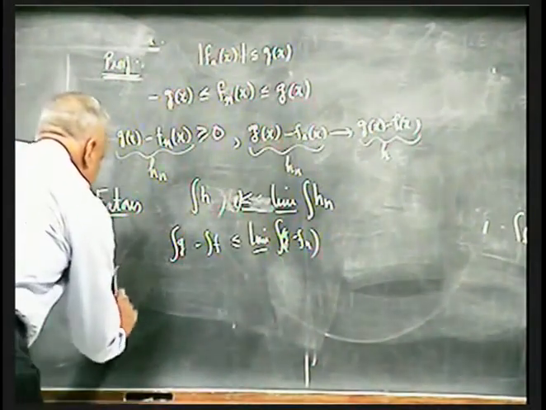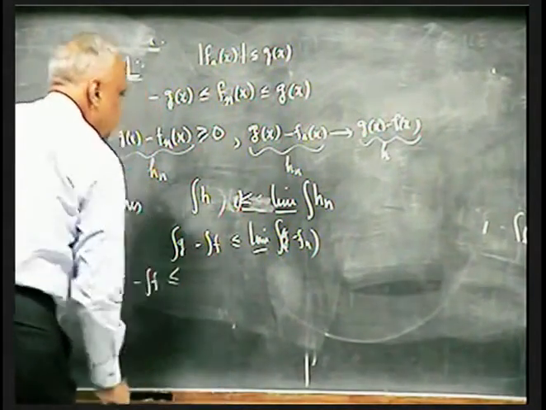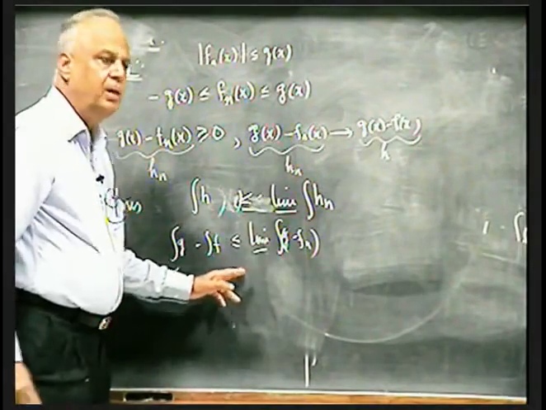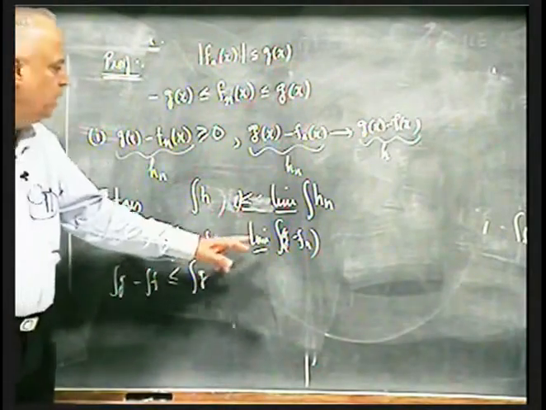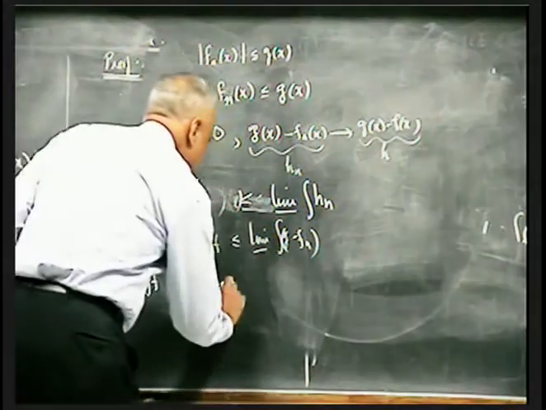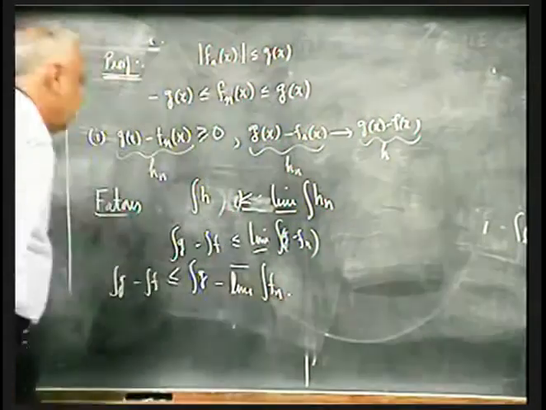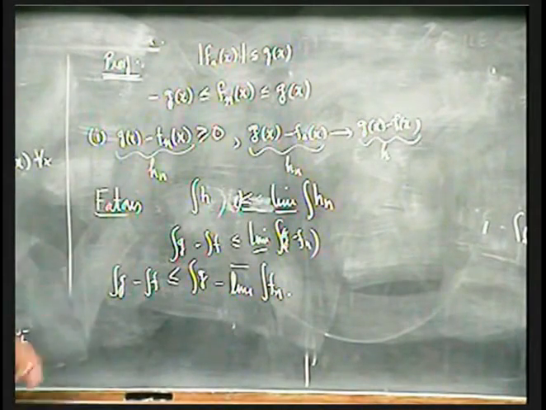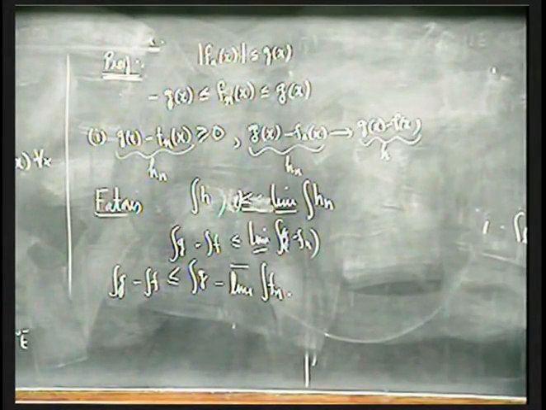So the integral of g minus the integral of f is less than or equal to, since g has nothing to do with n, the integral of g will come out. The lim inf of a minus is minus the lim sup, so this is equal to minus the lim sup of the integral of fn. Comparing these, g gets cancelled; that's finite because it is integrable, so you can cancel finite things.